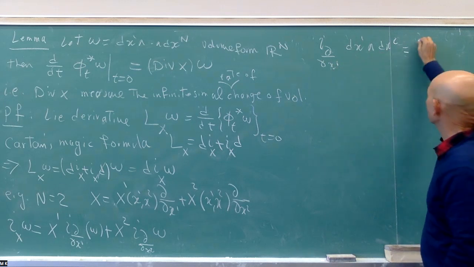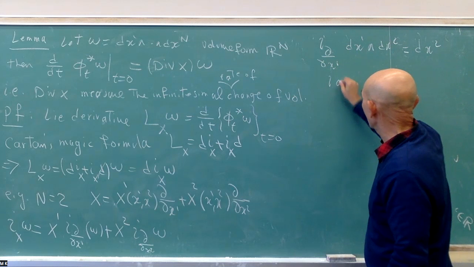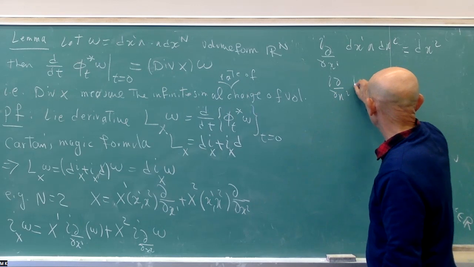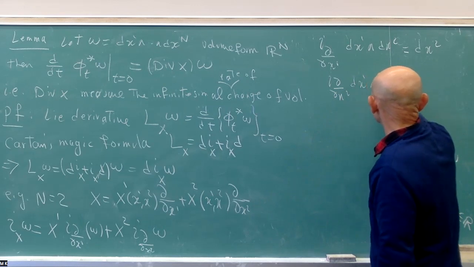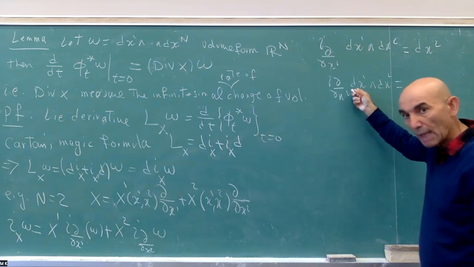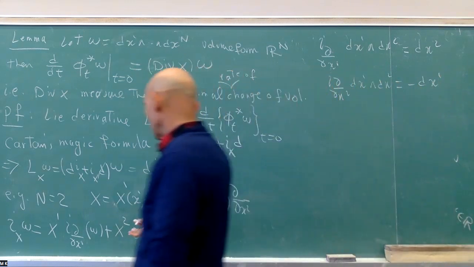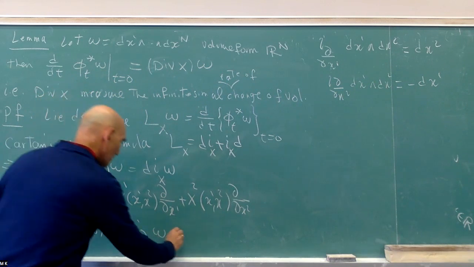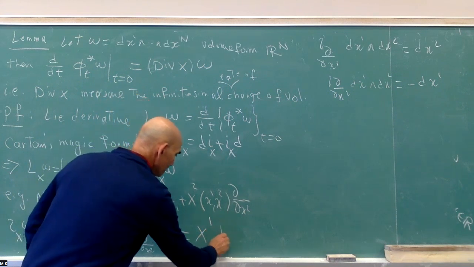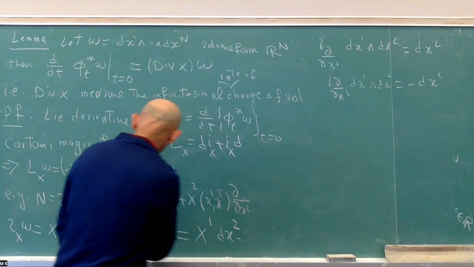So you remain with the dx2. By the same token, if you compute i_{d/dx2} of omega, dx1 wedge dx2, now this has to go inside, so you pick up a sign, and it becomes minus dx1. So then it means that this is really nothing but X1 dx2 minus X2 dx1.